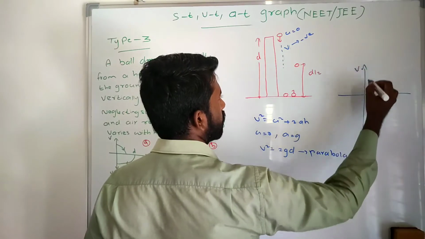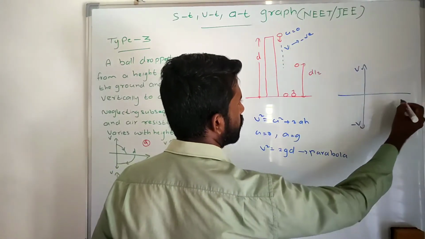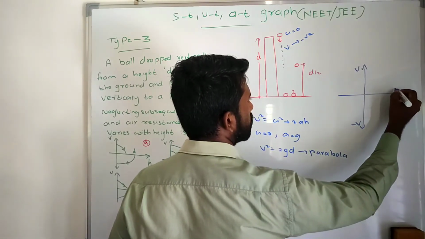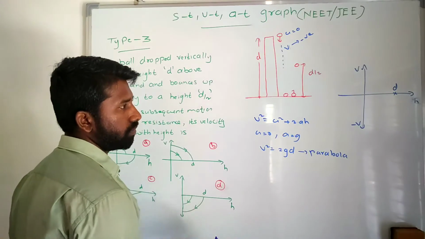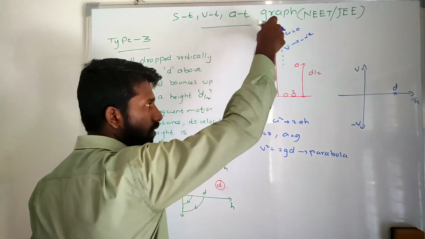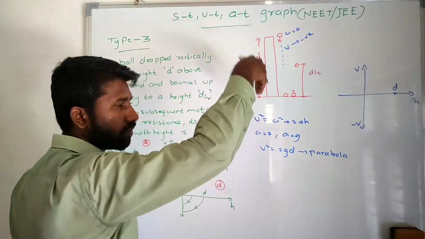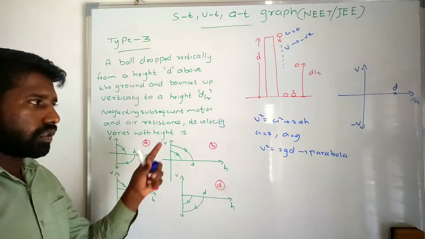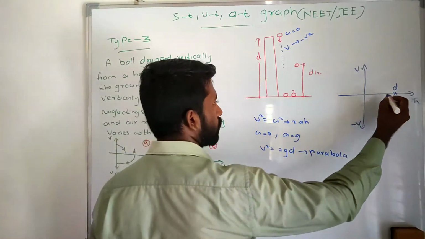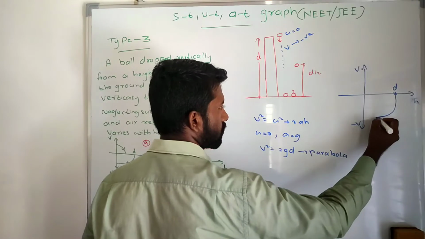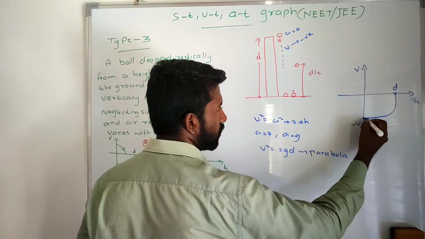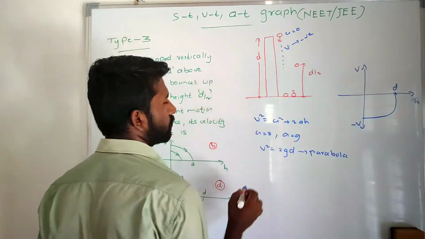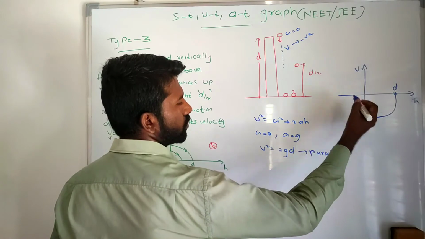This is the negative velocity and this is the height. Initially the distance is d. While the body comes downwards, distance decreases, velocity increases in the negative direction, and the graph is a parabola. At the striking point, the height is 0 and the velocity is maximum.